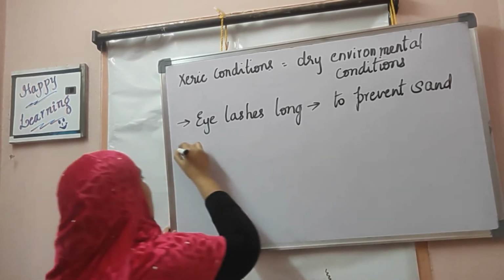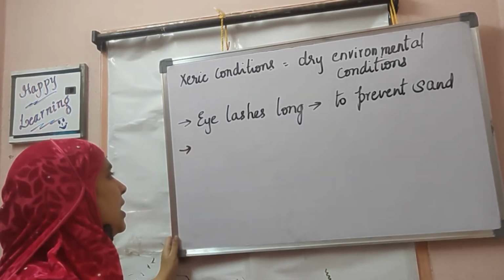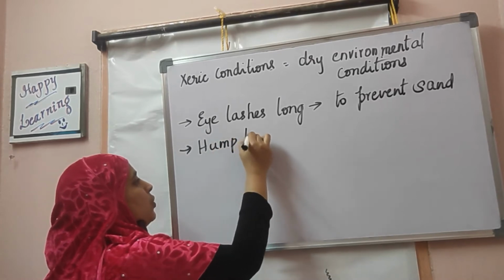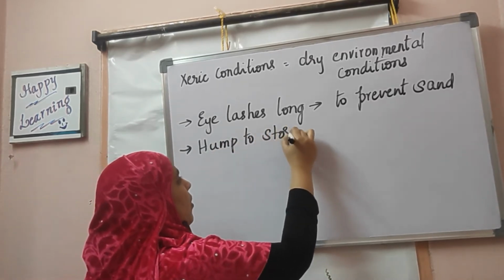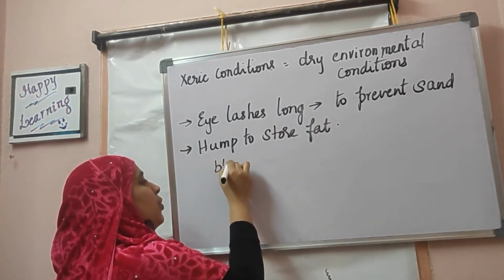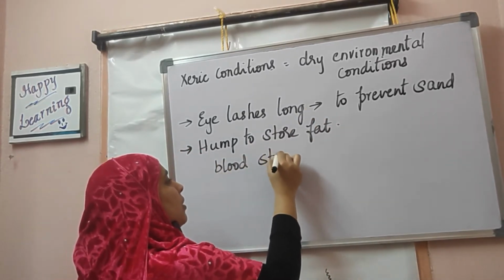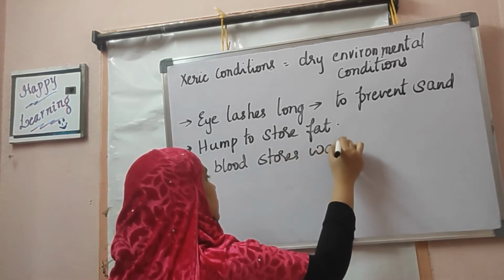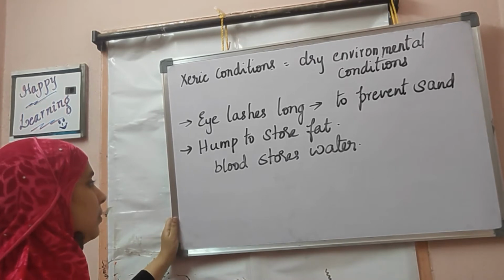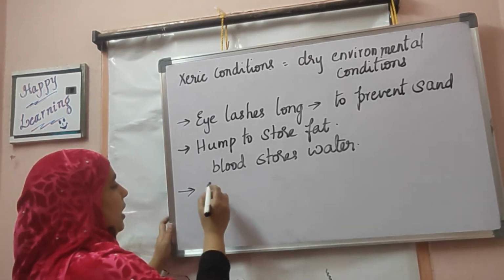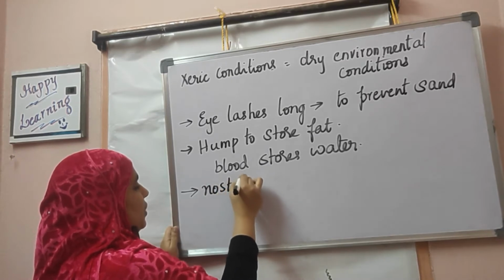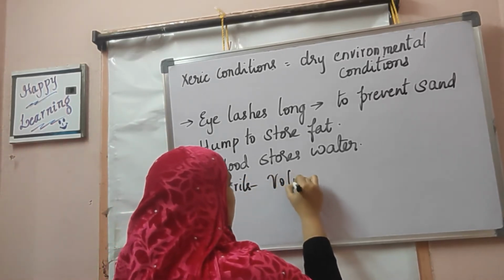Next, it has a hump to store fat. Blood stores water. The hump stores fat and blood stores water. It has nostrils whose muscles are voluntary.